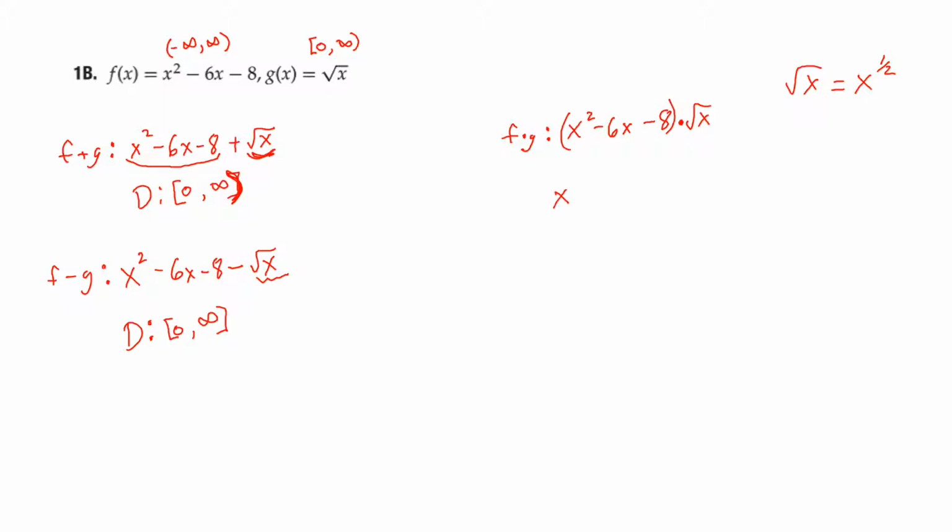So x squared times square root x would be x to the 1/2, minus 6x, and this is a 1 power, x to the 1/2, minus 8x to the 1/2. And this would give us x to the 5/2. Remember, if it's the same base, then we add the powers. So x to the 5/2 minus 6, x to the 3/2 minus 8, x to the 1/2.